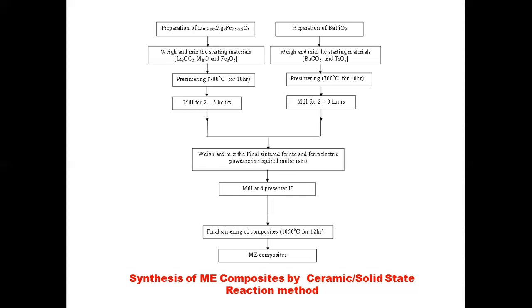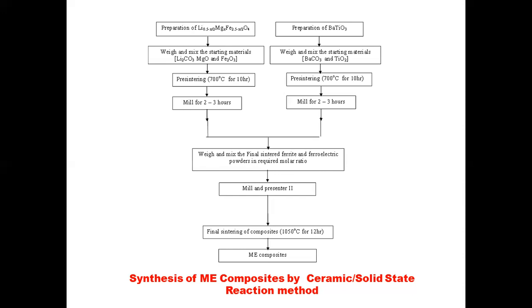That fine powder obtained after mixing barium carbonate and titanium oxide has to be pre-sintered in a muffle furnace. For that, you can use alumina crucibles.